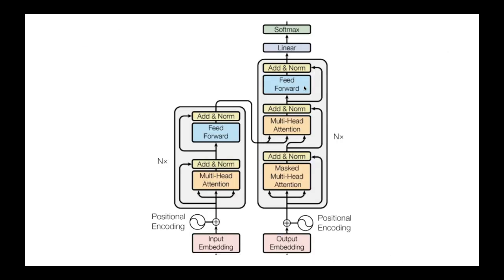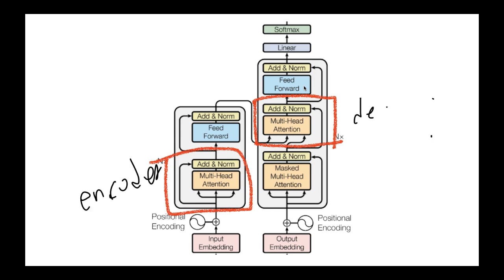Okay. To illustrate the key, value, query attention relation further, let's take self-attention as an example, because it's a very important component in the transformer architecture. So there are two kinds of self-attention here. One is encoder self-attention, that's here.